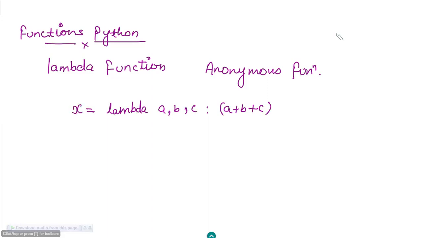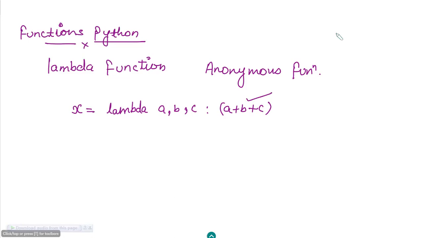X, right? This has no block of code or body of the function. This is only a simple function where we pass some variables. Variables can be more than one, but it has only one expression. You cannot make multiple expressions while creating the lambda function.